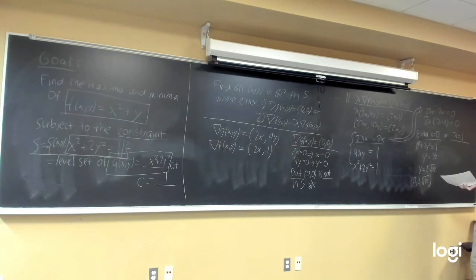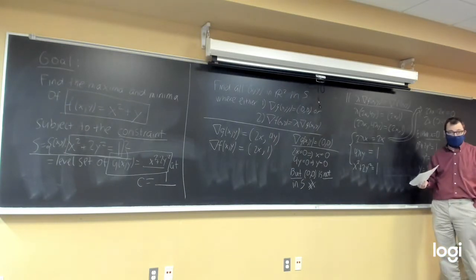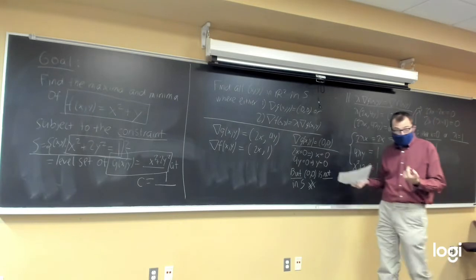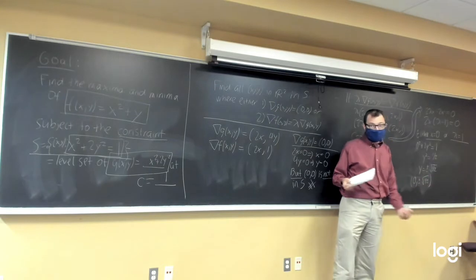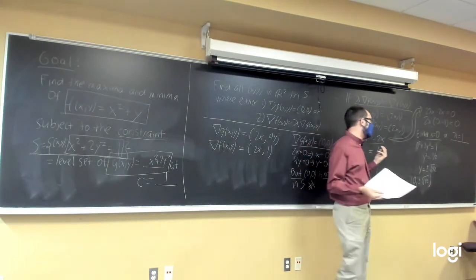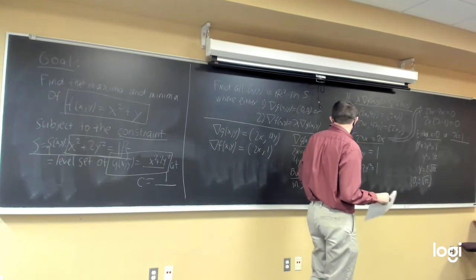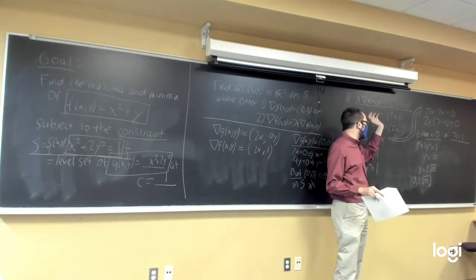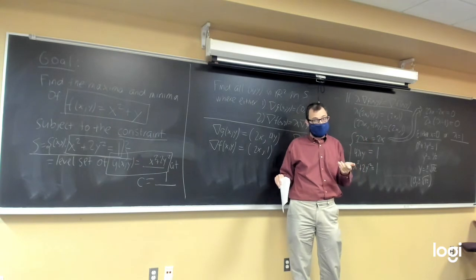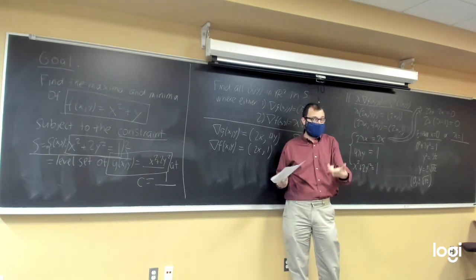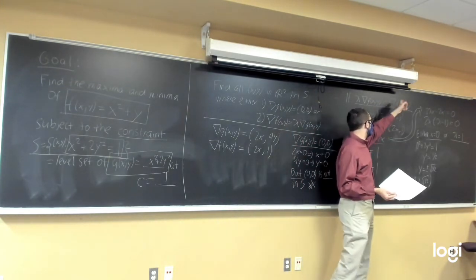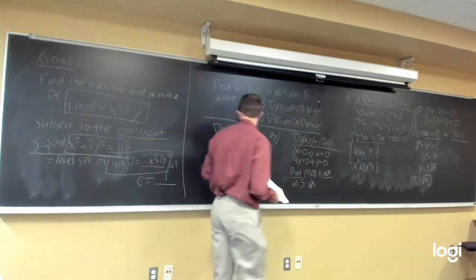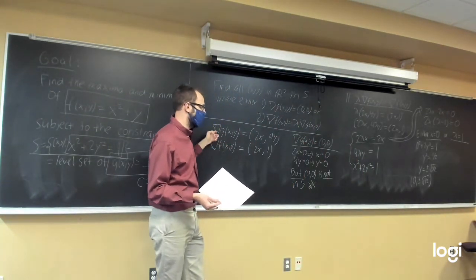Make lambda equal to 1 divided by 4, and then that divided by plus or minus the square root of 1/2, and that solves it. For these two points, 0 comma square root of 1/2 and 0 comma negative square root of 1/2, the gradient of g and the gradient of f are scalar multiples of each other. You'd have to solve for lambda to find out what the scalar is, but there is some lambda that makes the gradient of f and the gradient of g scalar multiples of each other.